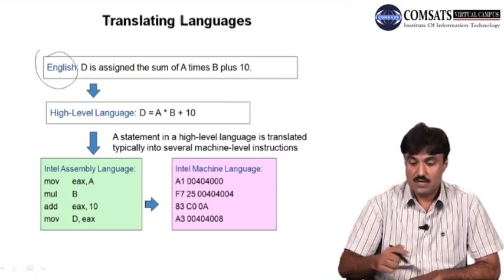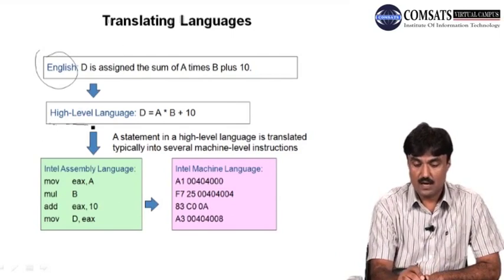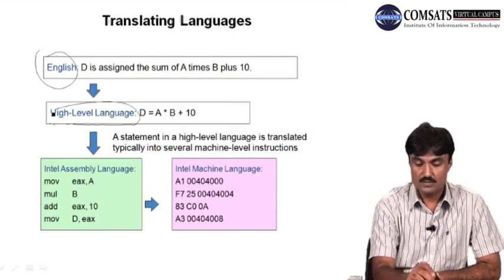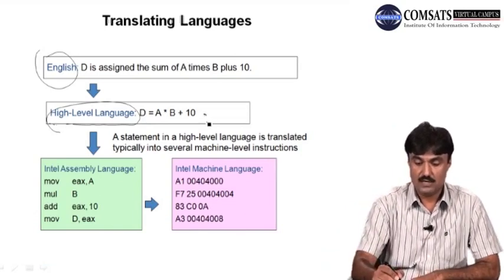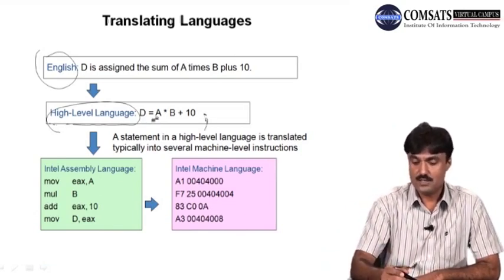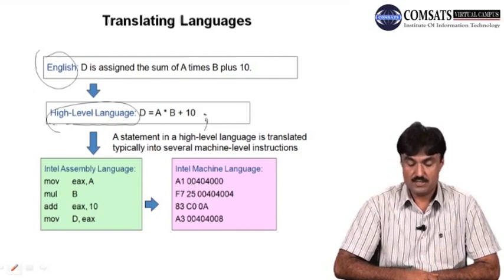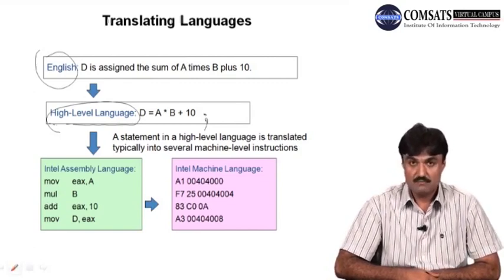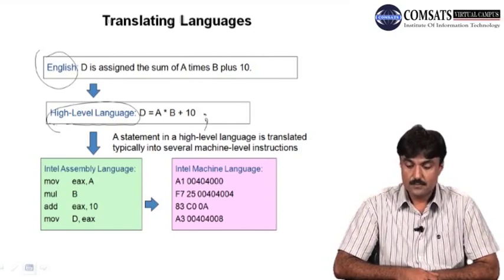If we convert this English statement into a high level language, for example in C, we will write: D equals A multiplied by B plus 10, and so on.